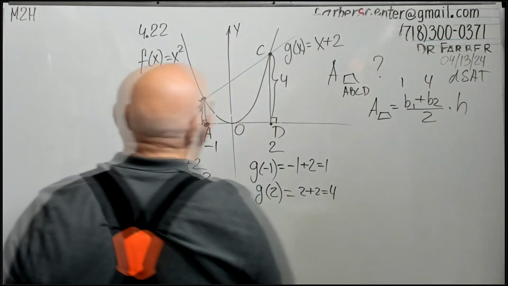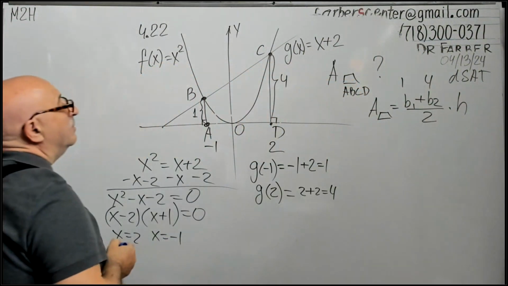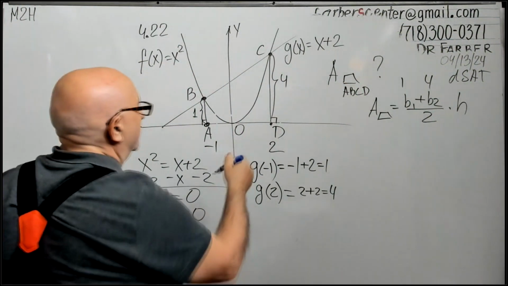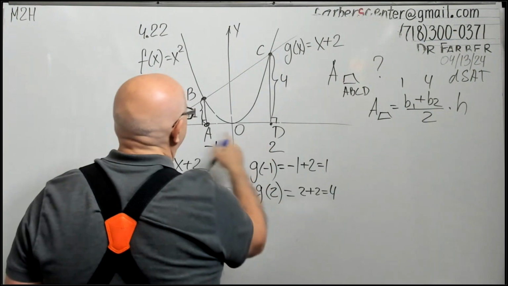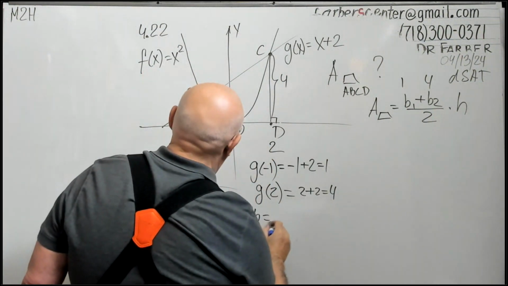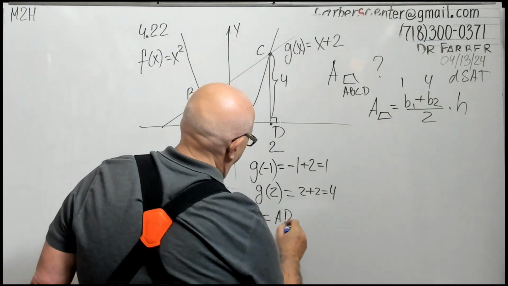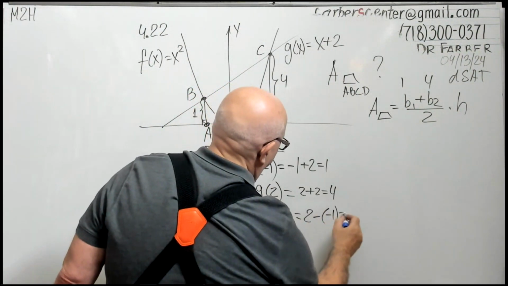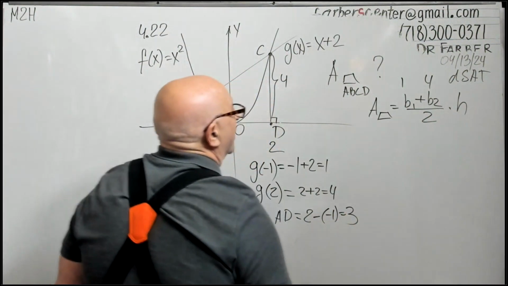What about height? Okay. The height is 2 minus -1, this distance. Height, which is AD, equals 2 minus -1, which is 3. And this is 3.